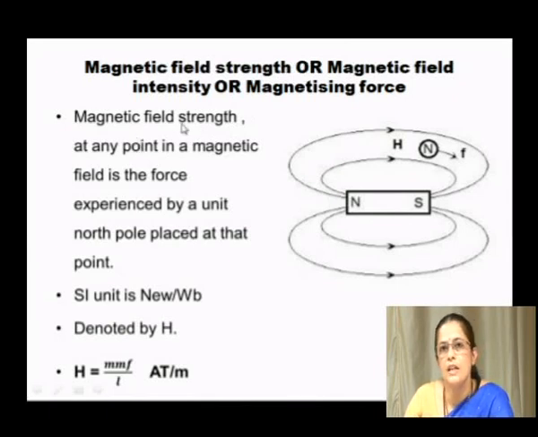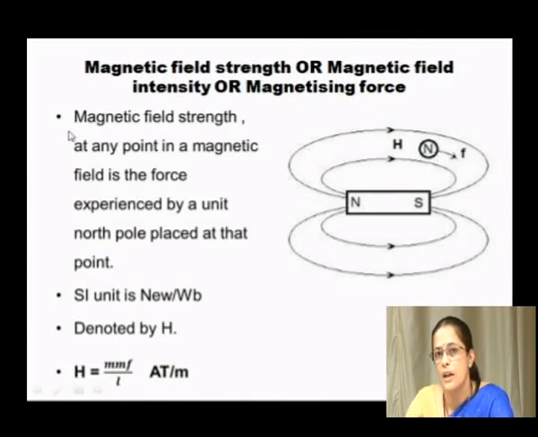The magnetic field strength at any point in a magnetic field is the force experienced by a unit north pole placed at that point.